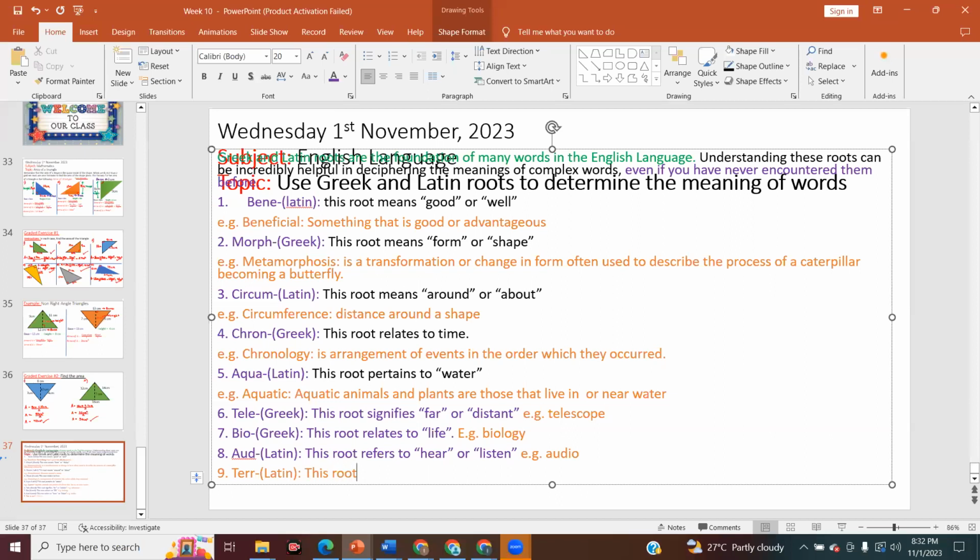This root is associated with, I'm surprised y'all didn't get it already. Associated with earth or land.